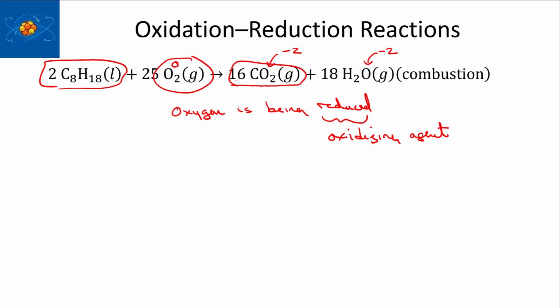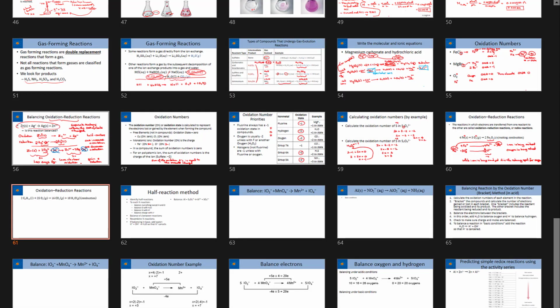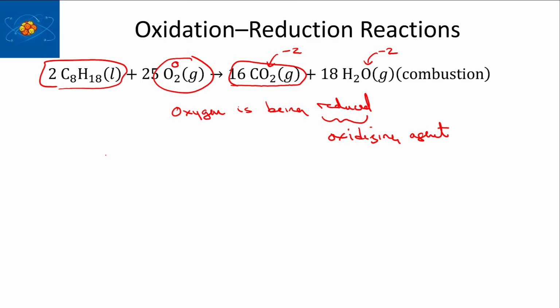But we're going to go ahead and calculate the oxidation numbers for octane, that's the C8H18, and for carbon dioxide. So we can show that the oxidation numbers are in fact going up. Okay, so I have C8H18, and this is overall charge 0 because it's a compound.